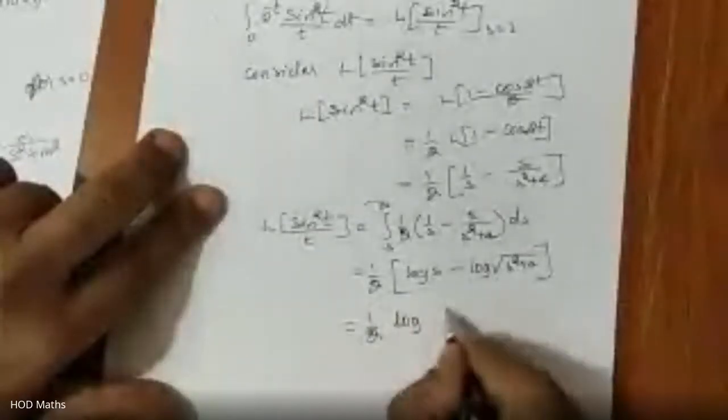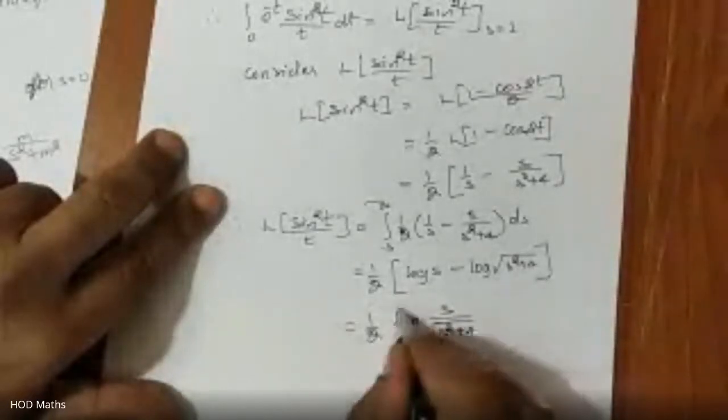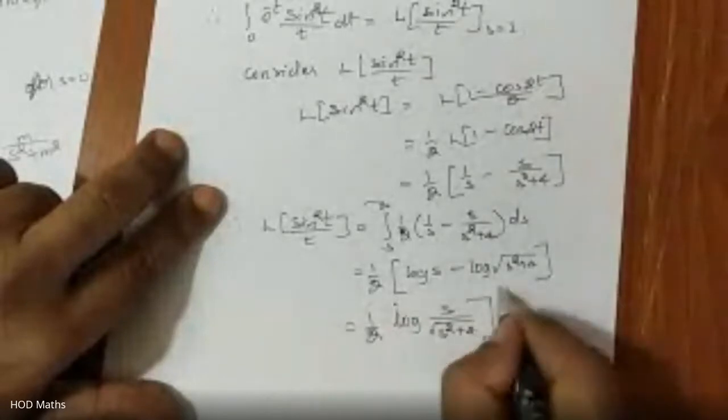So if I simplify this, it will be 1 by 2 log of s over under root s squared plus 4, evaluated from s to infinity.